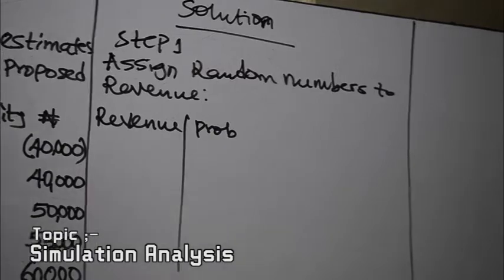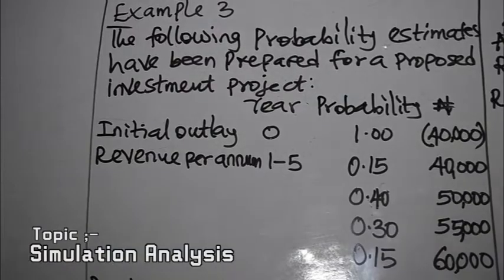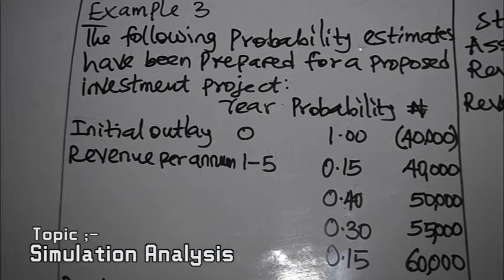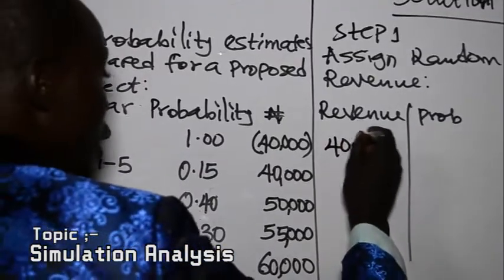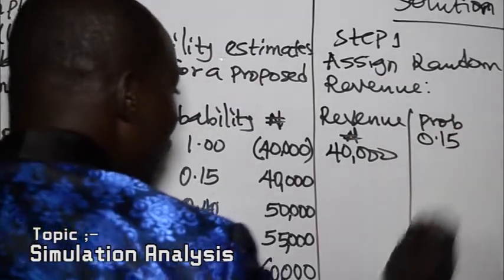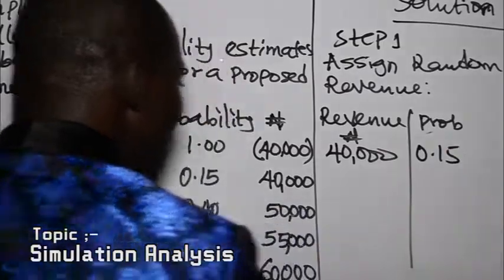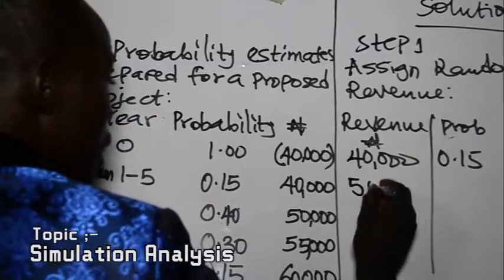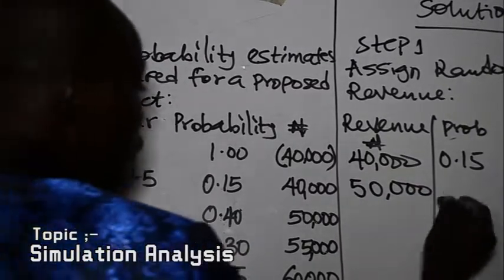The first revenue is 40,000 naira, and its associated probability is 0.15. Then we also have revenue of 50,000 with the probability of 0.40.